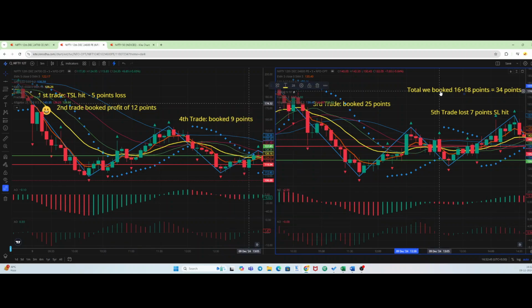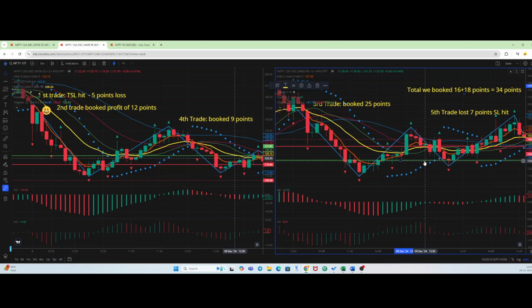Yes, this is today's trade, because every day we cannot get a quantity of more than 100 points or 200 points. Today it's not a bad day, around 34 points we booked. That is also good for us. Thank you for watching. Just go through again and again, and minutely you have to see your entry point, and immediately put the stop loss at the previous candle.